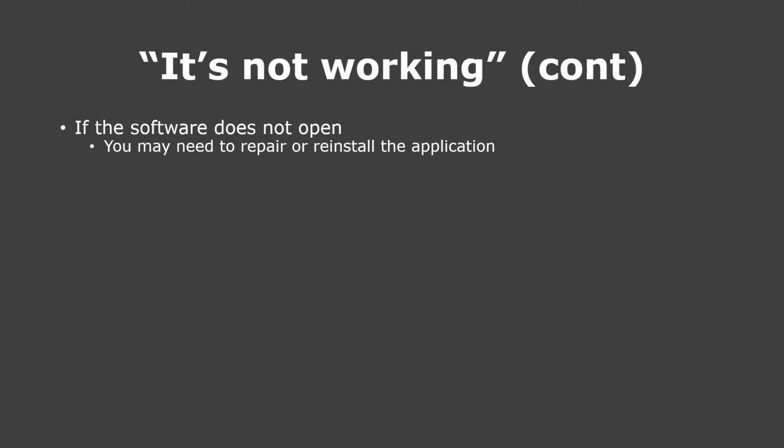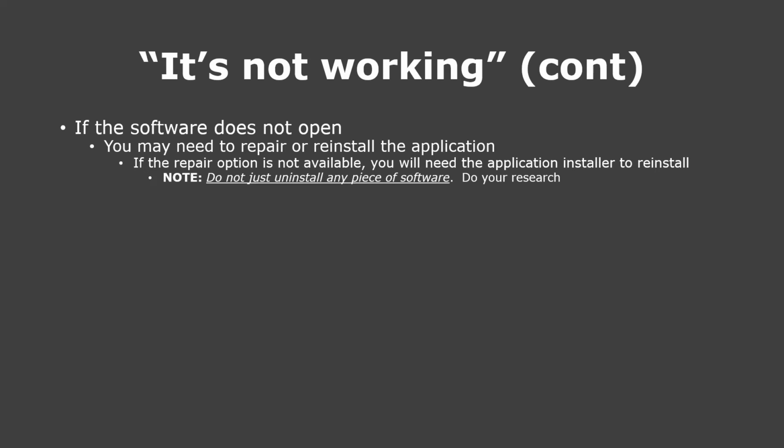You can go to Control Panel in Windows, go to Programs and Features, find the application and click Repair at the top if it's available. If this option is not available, you will need to locate the software installer to reinstall the application. Please note that there are some times when uninstalling or reinstalling an application to resolve an issue is a bad idea.